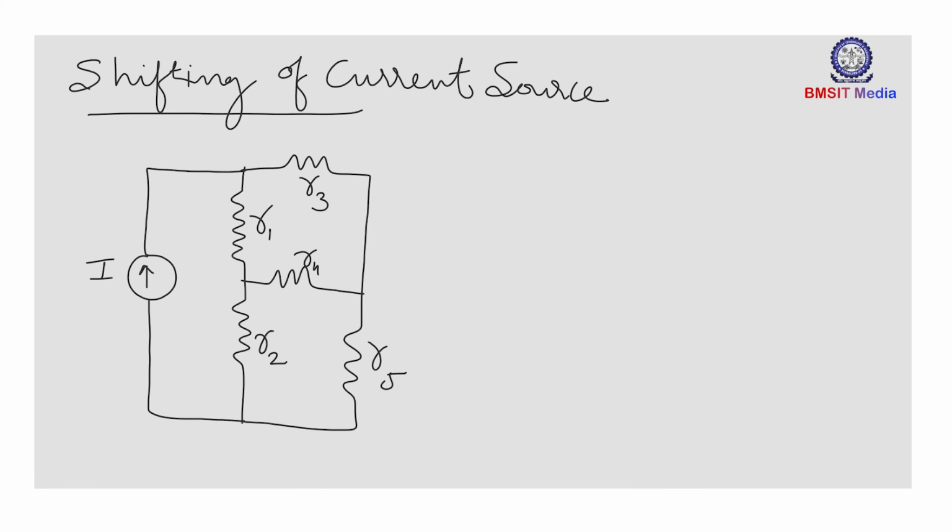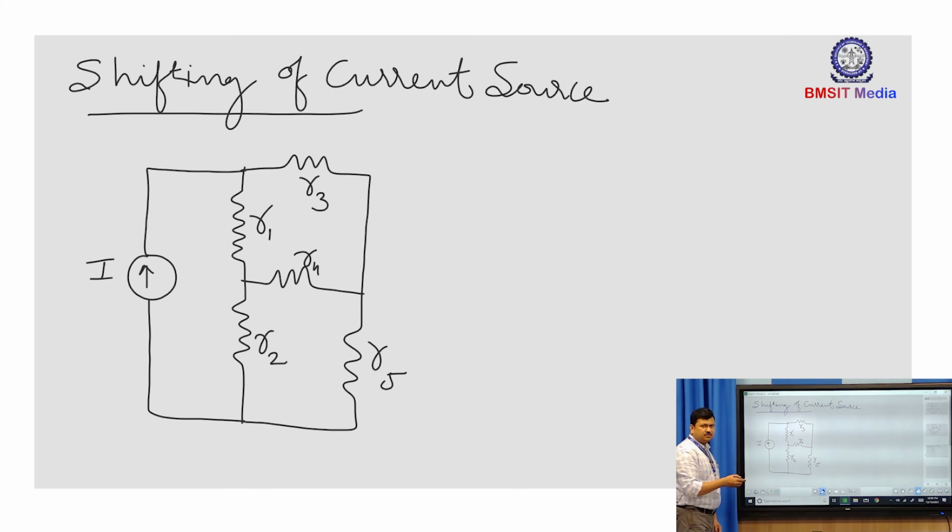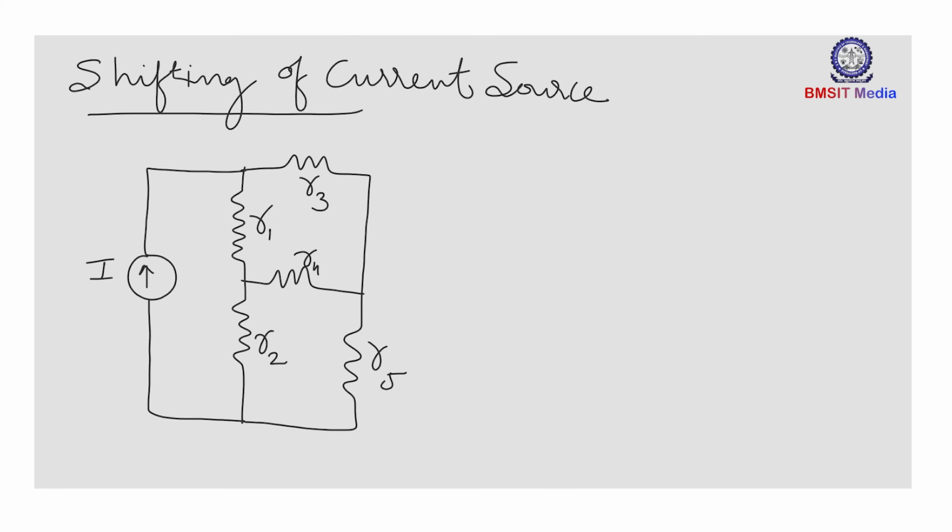So here, I can't transform this current source I into a voltage source directly because there is no parallel resistance connected to this independent current source I. To facilitate the source transformation, I will be doing source shifting, where I can shift the current source.